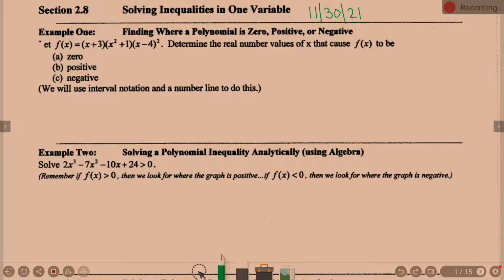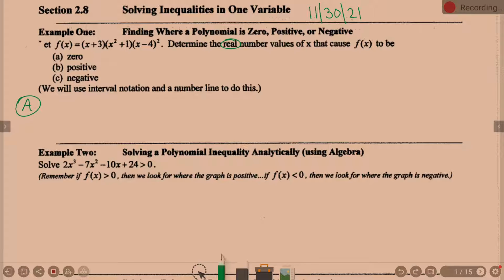It says to determine the real number values of x that cause f of x to be, and we're going to do 3 different options here: when this function is 0, when this function is positive, and when this function is negative. Let's start with A, because A is kind of the old news piece to this.